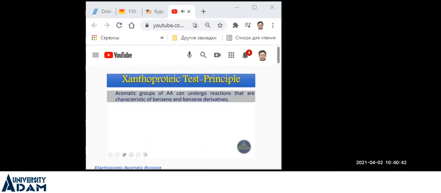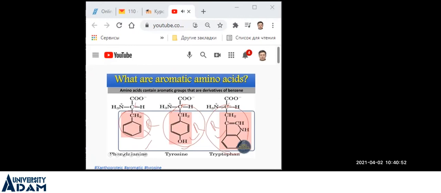The principle of this test is based on the fact that the R group is a benzene ring. All 20 amino acids have a common portion, so if I have to differentiate two amino acids, it can be done only on the basis of the R group.